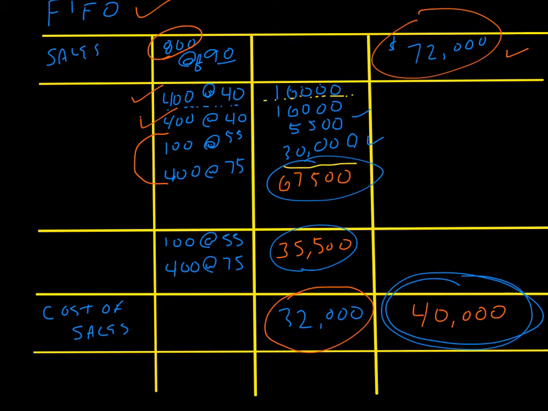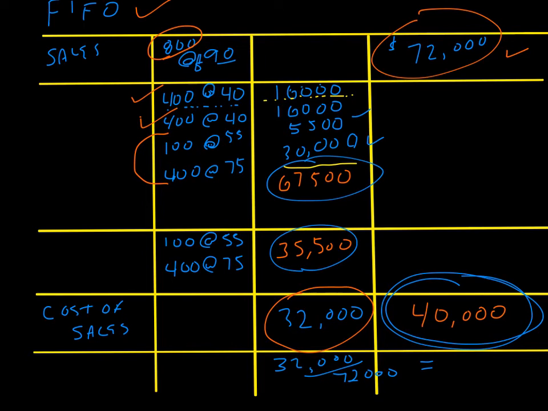Let's calculate, since we're here, our cost of sales percentage. That's pretty easy to do. What we're going to do is divide the $32,000, kind of running out of space, by the 72,000.